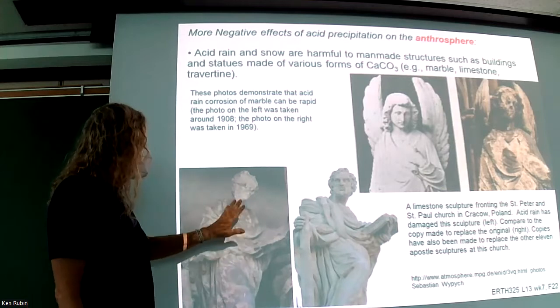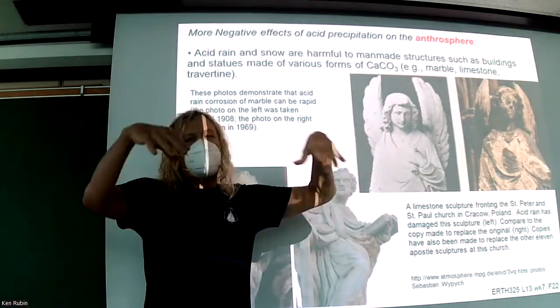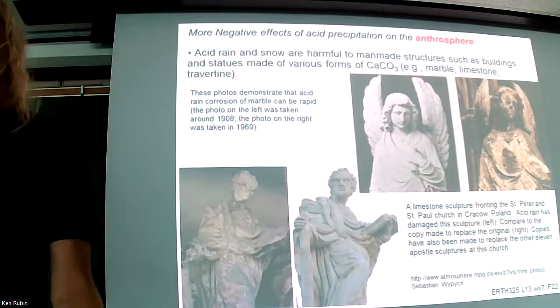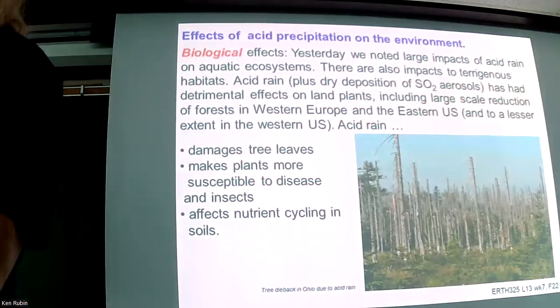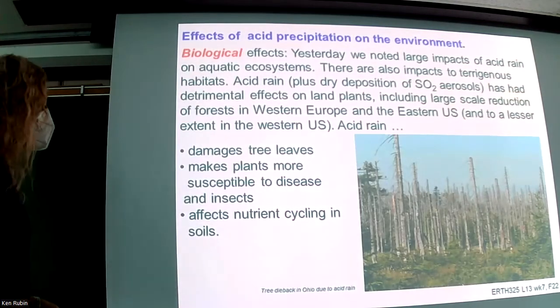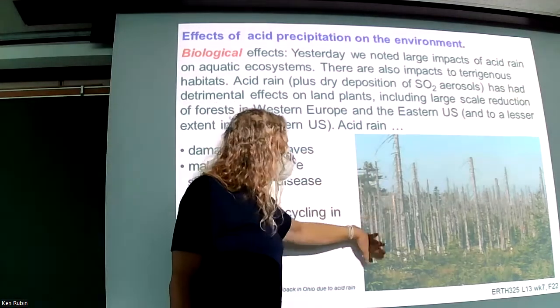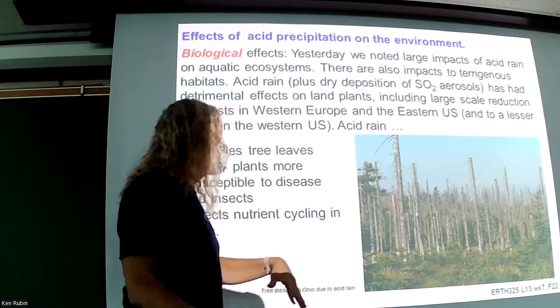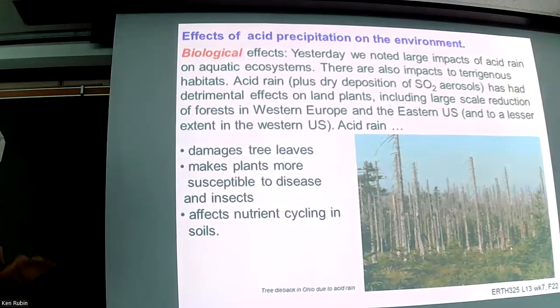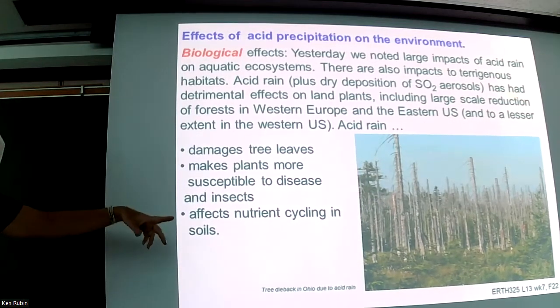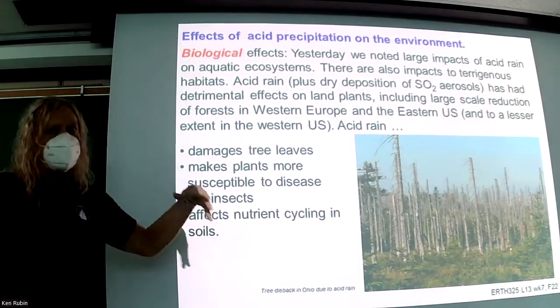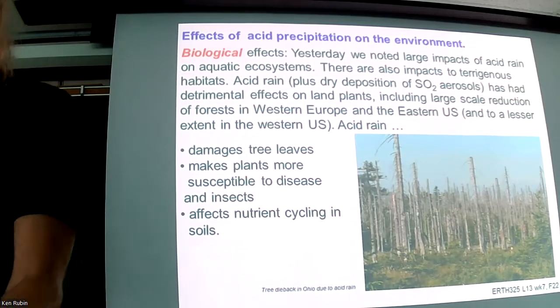These are statues that have been affected by acid oxide deposition and a lot of weathering. I think there's a slide here showing a forest significantly impacted by high local addition of acid. This is in Ohio, from acid rain. These impacts are real, they're significant.